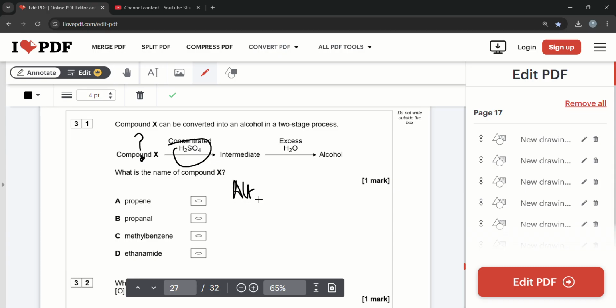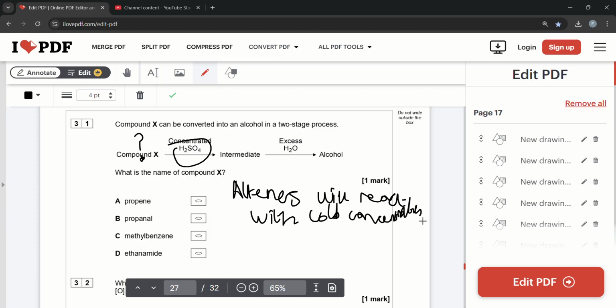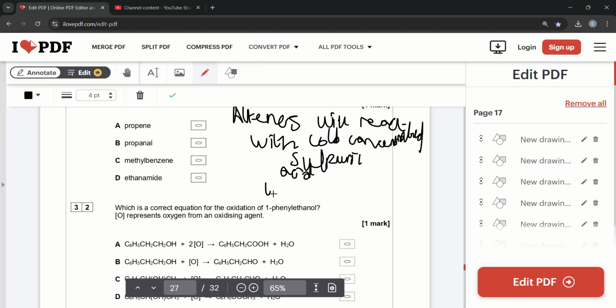It's this classic one: alkenes will react with cold concentrated sulfuric acid to form alkyl hydrogen sulfates, and that's not it.